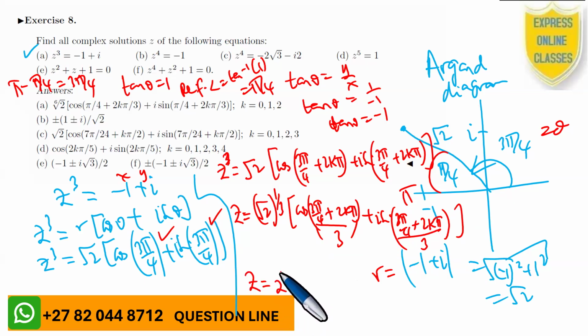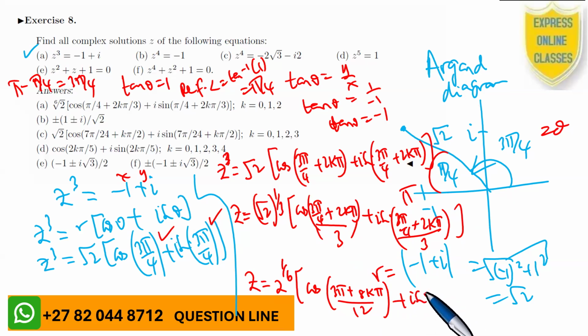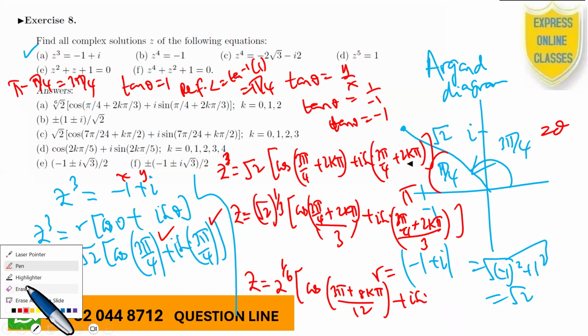Which is 2 to the power 1 over 6. To multiply, this is 3 pi plus 8k pi divided by 12, plus i, the sine of, or you can write it like, yeah, you just need to simplify it.